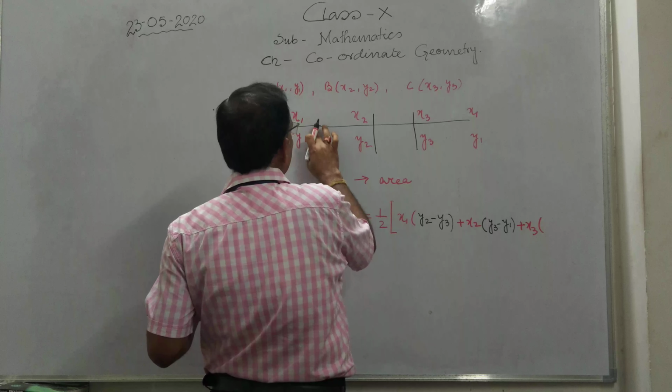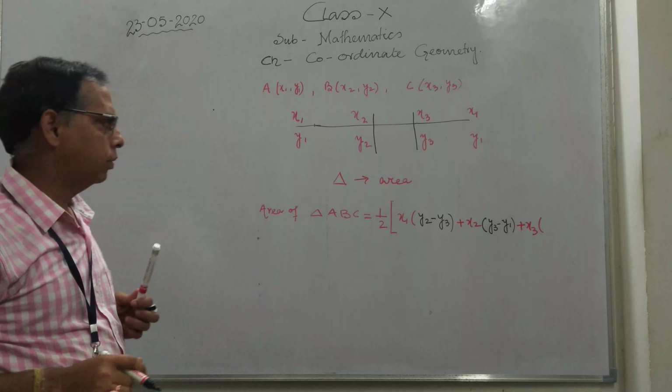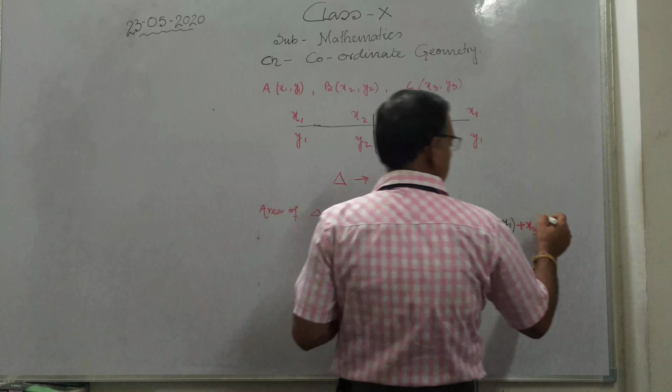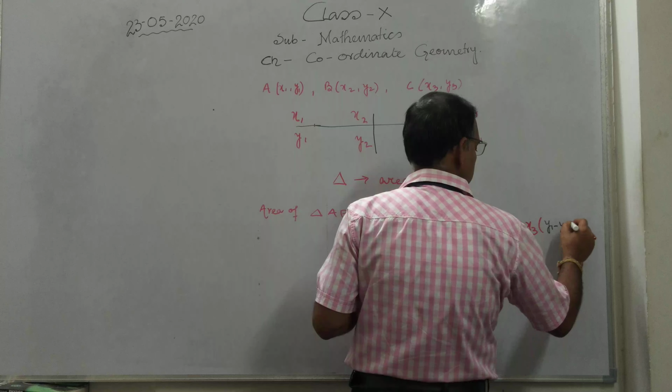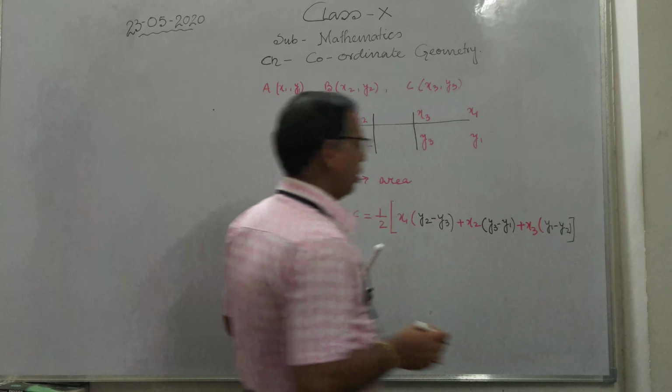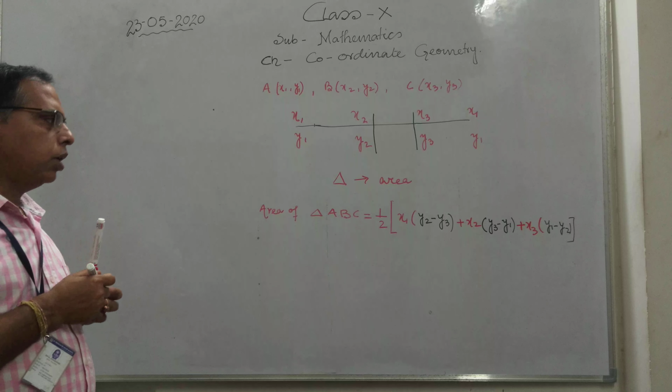Now here this will be used. So what is that? y1 minus y2. This is the formula for the area of a triangle.